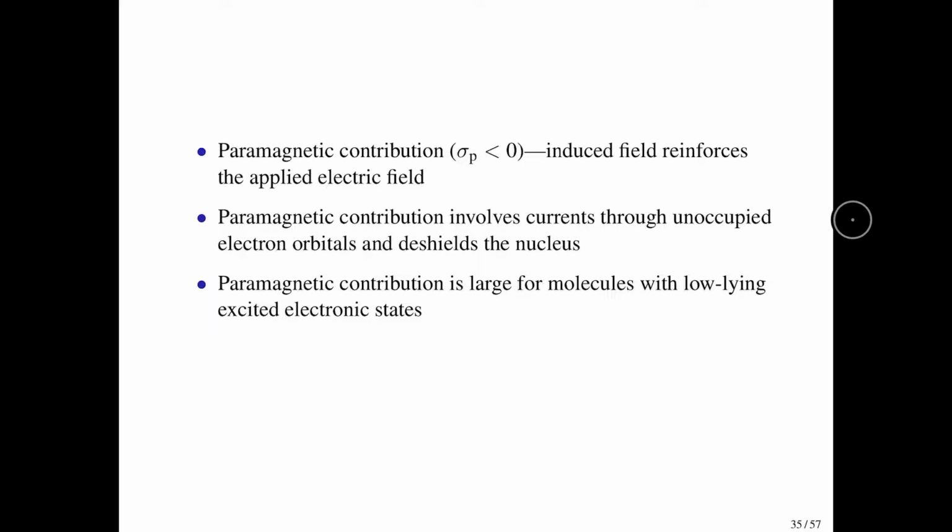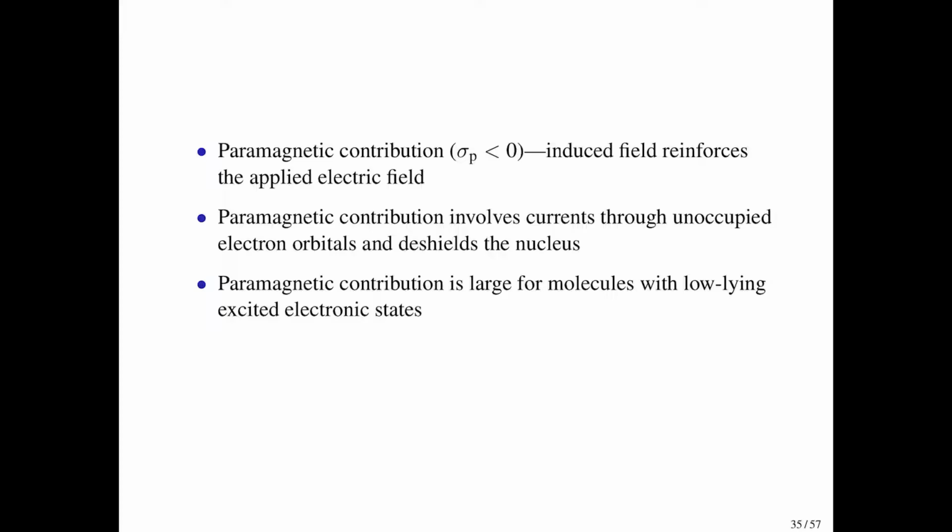The other contributing factor to the local shielding constant is the paramagnetic contribution. What we looked at just now was the diamagnetic contribution. The paramagnetic contribution still does involve circulating electrons on the same atom. However, for the paramagnetic contribution, what you find is that the shielding constant is negative, which means that the magnetic field that's generated locally on the nucleus actually reinforces the applied electric field.